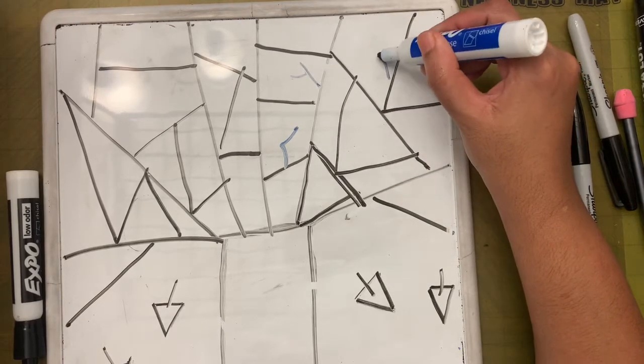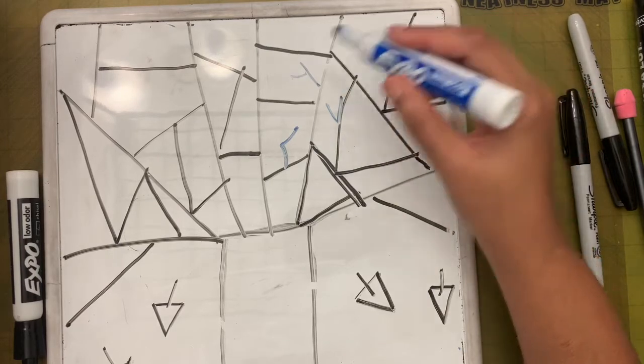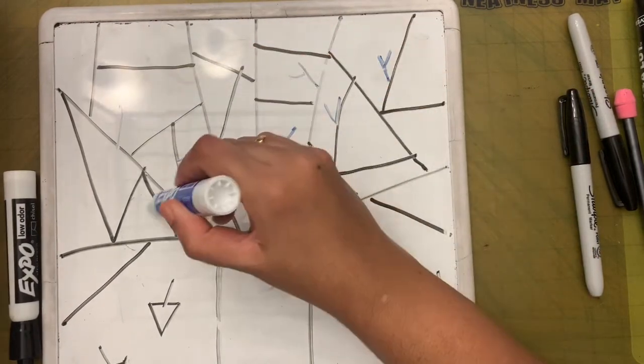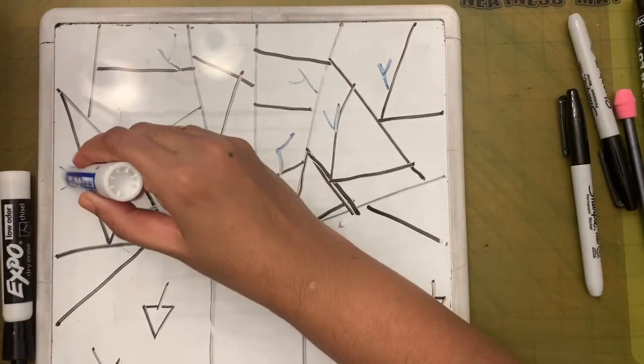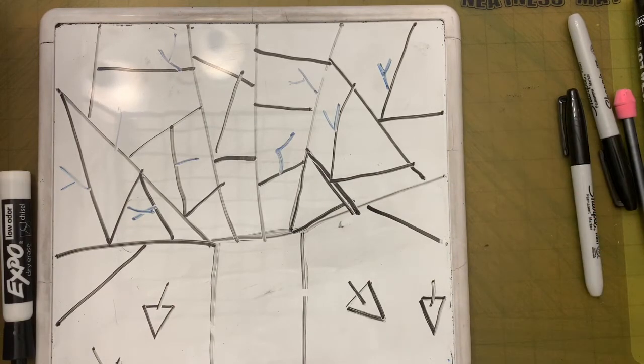Y-shaped lines, or just like that, or V-shape. Some lines to show the branches. Got that much? Okay. So this is all the drawing that needs to be done.